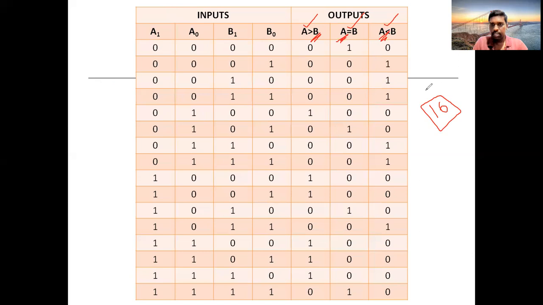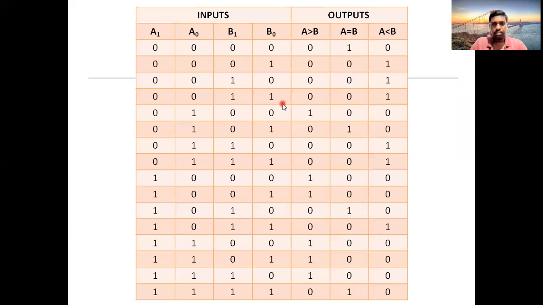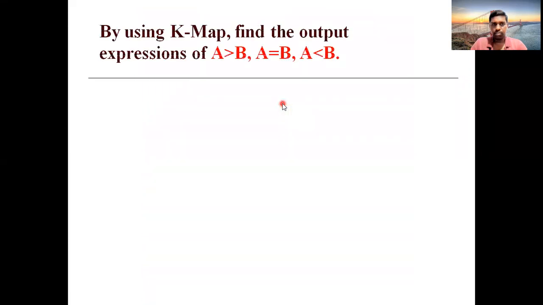So a total of 3 16 cell K-maps are required for simplifying that, and you need to find output expressions for these 3 columns. By using this K-map, you need to find output expressions for these 3.